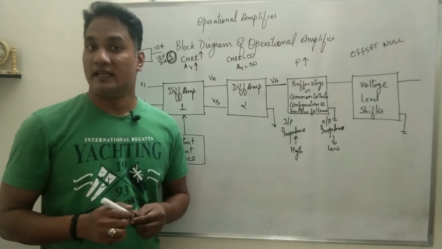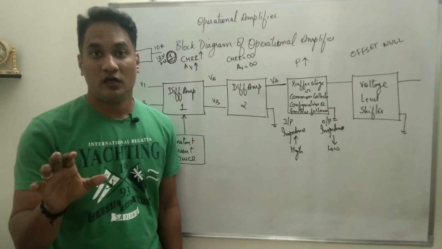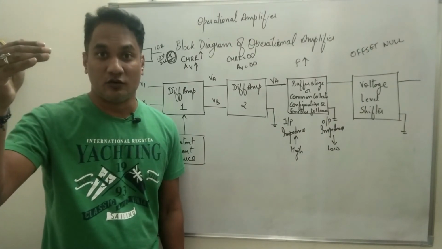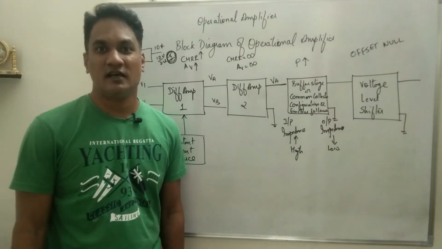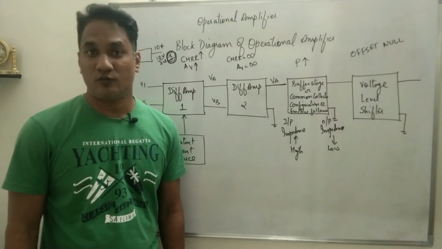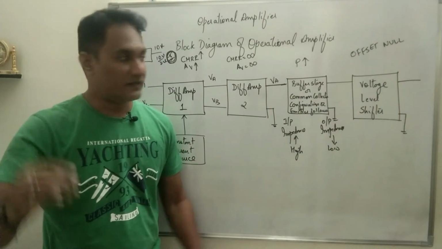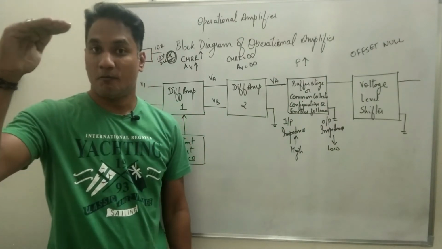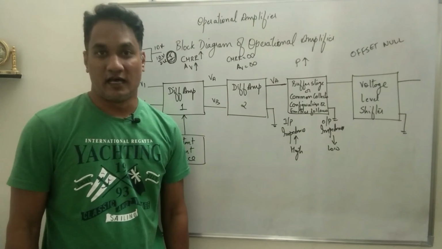What I said: in the absence of an input signal, the output must be 0, but there is a probability that the output may not be 0. If that is not 0, that value is unacceptable. There should not be any output voltage, so the output voltage has to be brought back to 0 level, and that is done by the voltage level shifter, and the process of making the output 0 is called offset null.